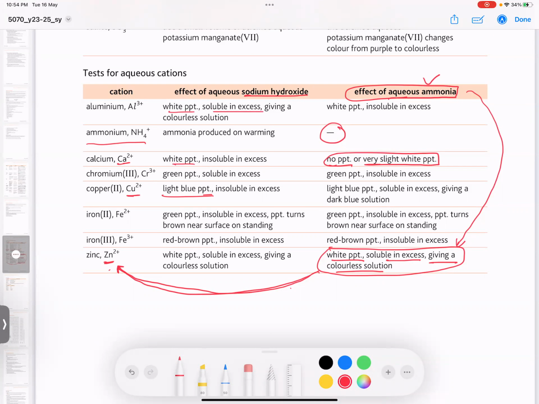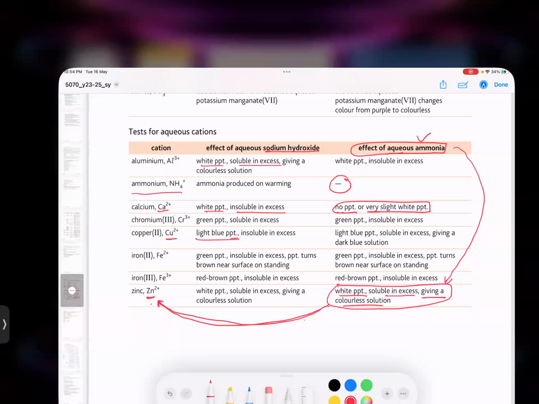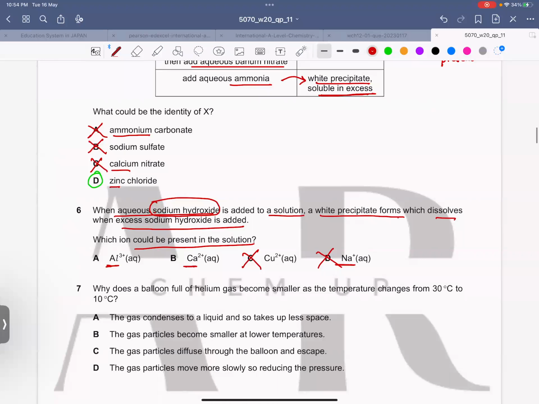With calcium, white precipitates are formed which are insoluble in excess. Here we get a white precipitate which dissolves when excess sodium hydroxide is added, which clearly means that B, calcium, is wrong, because in the case of calcium the precipitate stays undissolved in excess sodium hydroxide. So our correct answer is A. Is this clear to everyone?